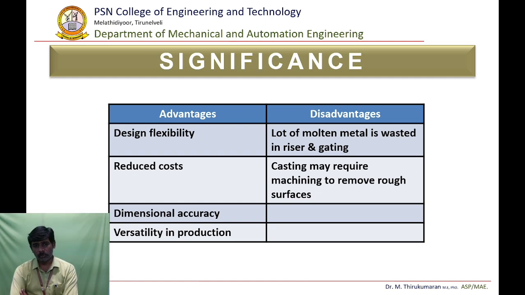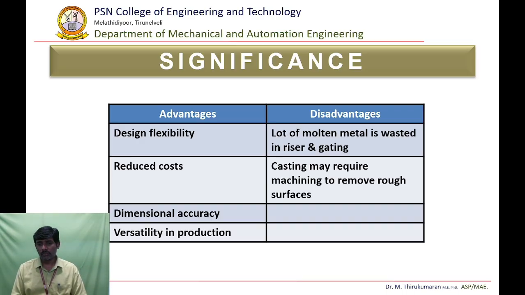So these are all the advantages and disadvantages of the casting method. So we have design flexibility. Flexibility means flexibility of complex shapes as well as the number of products we can produce. So reduced cost, which is quite cheaper compared to other manufacturing methods. Next is dimensional accuracy and versatility in production.